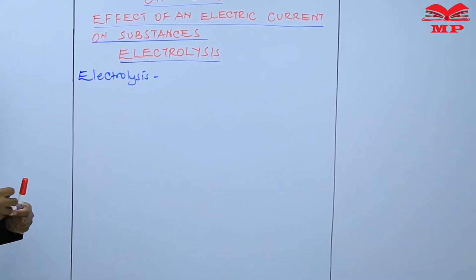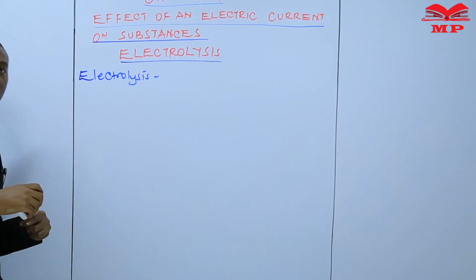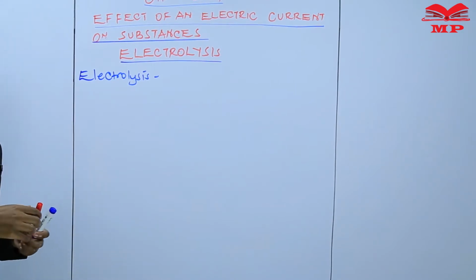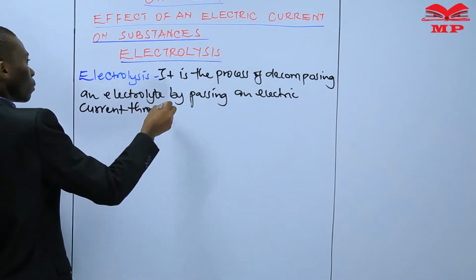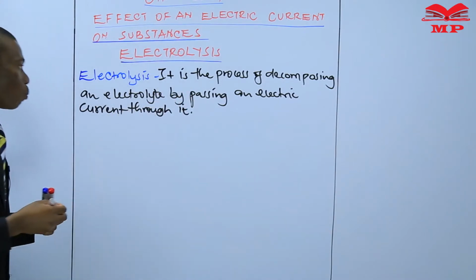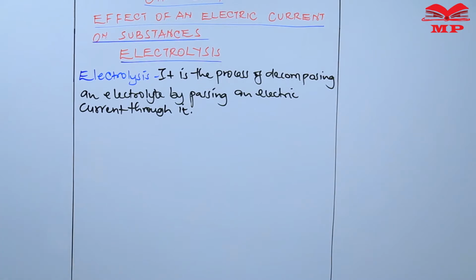Electrolysis is a process of decomposing an electrolyte by passing an electric current through it. That is what electrolysis is.